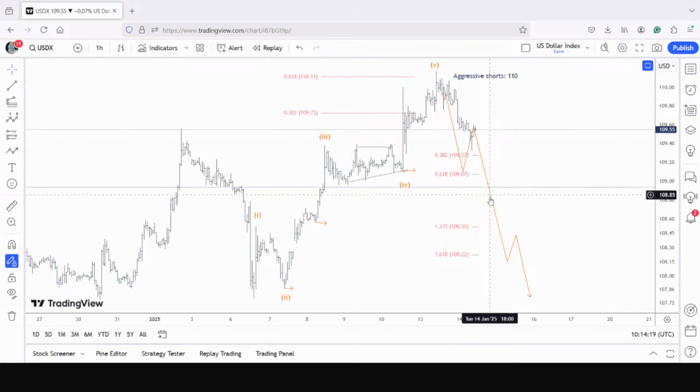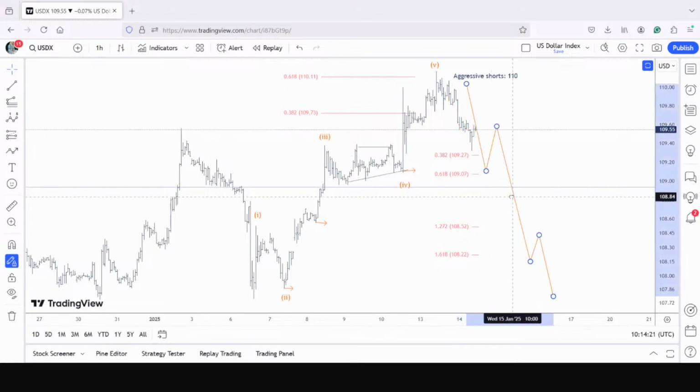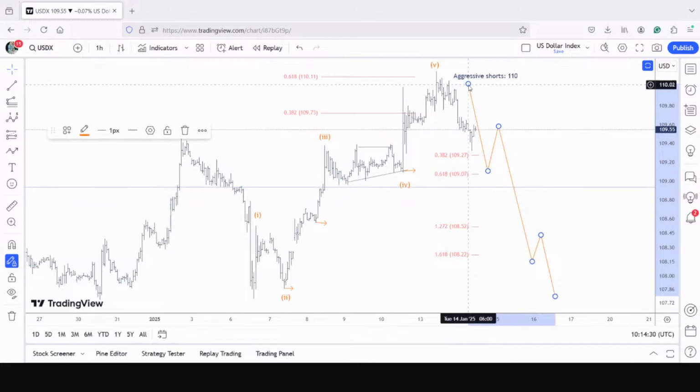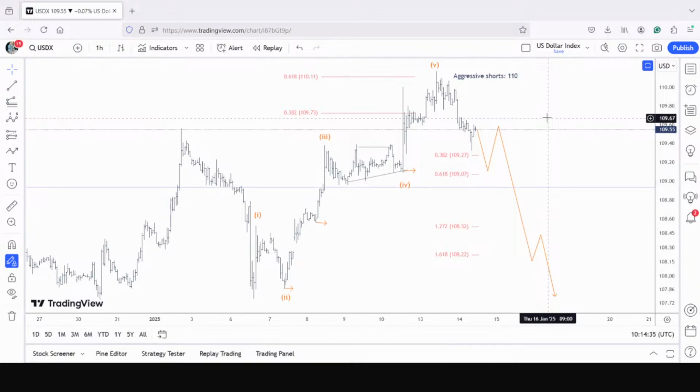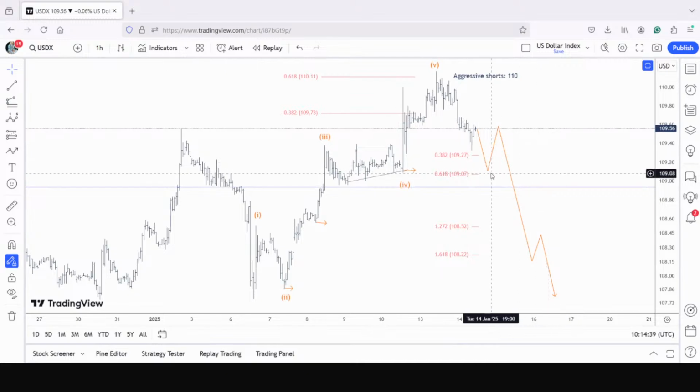What I'm going to do here is just push it a bit lower or aside so that we clear the price action, and it looks fine now. So this is where we are now pointing, 109.07. Keep a watch on that. Trading point of view, aggressive shorts have been taken at around 111.0.